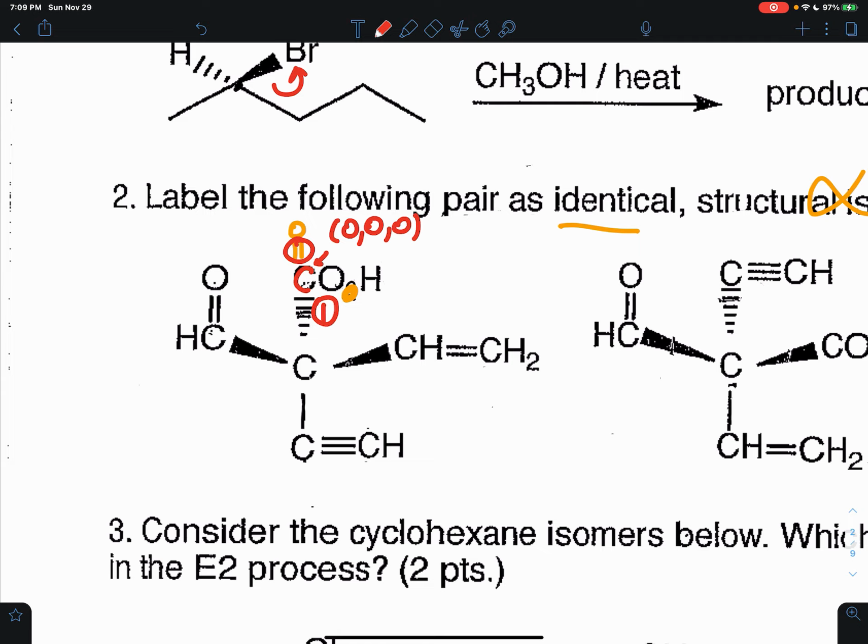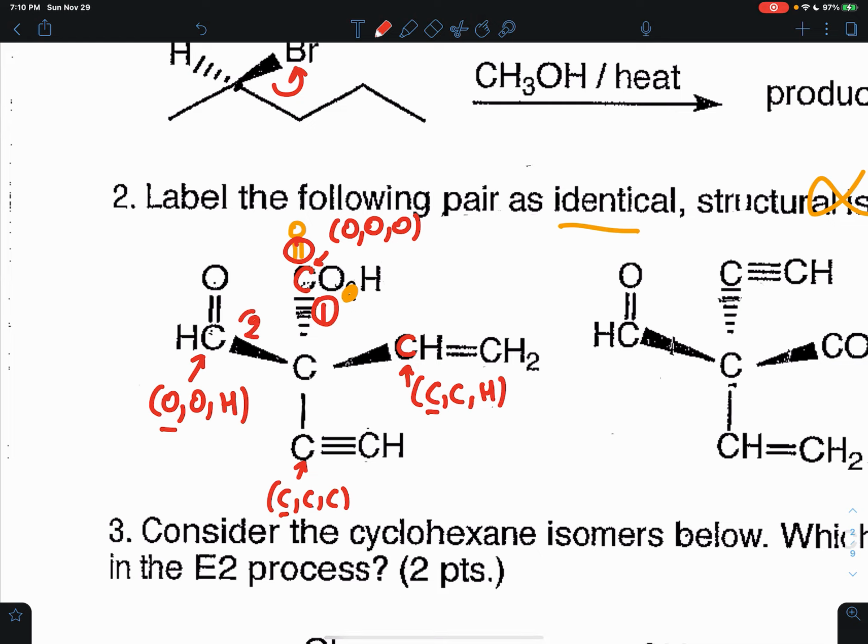Now, this carbon is connected to two carbons and a hydrogen. This carbon is connected to three carbons. And this carbon is connected to two oxygens and a hydrogen. When looking at this, you always look at the first point of difference: oxygen, carbon, carbon, so oxygen wins. That will be my number 2.